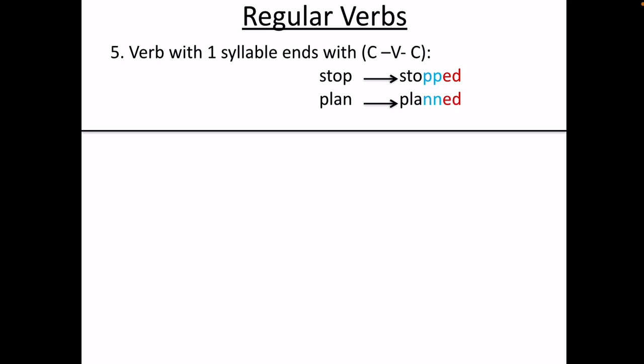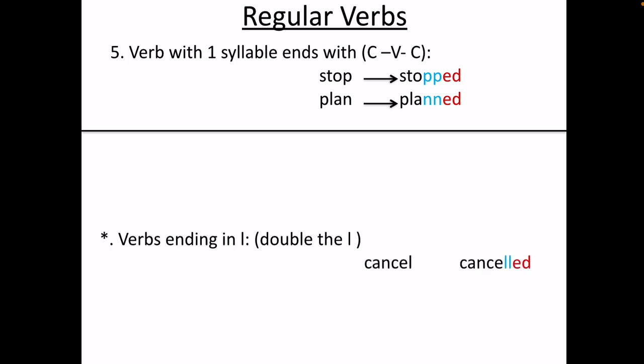هسه نشوف stop T consonant O vowel P consonant، فضعفنا ال P وقمنا بإضافة ED. Now sometimes I have verbs ending with letter L. In this case we double the L. For example, cancel, cancelled.